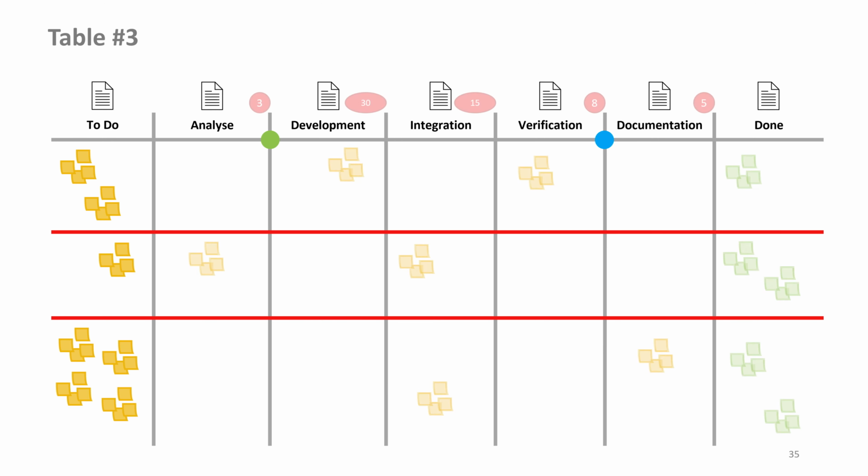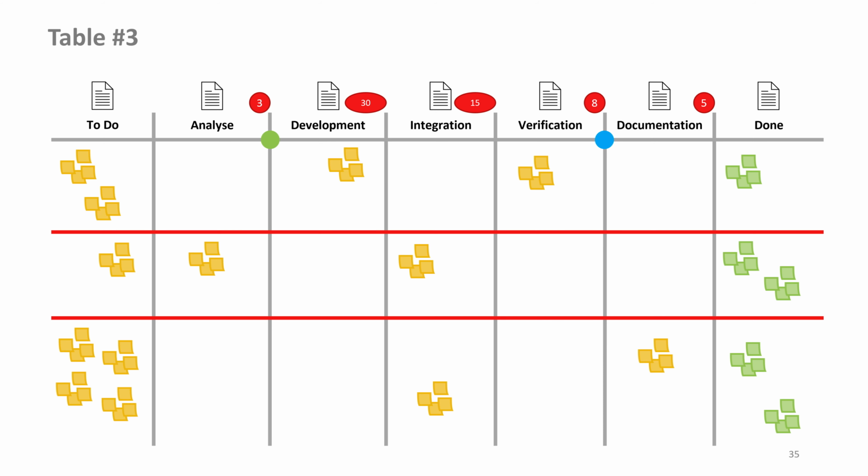They limit the amount of work that can be done in parallel for each step. In our example, this means that only 30 work packages may be open in the development column. No 31st may be added.